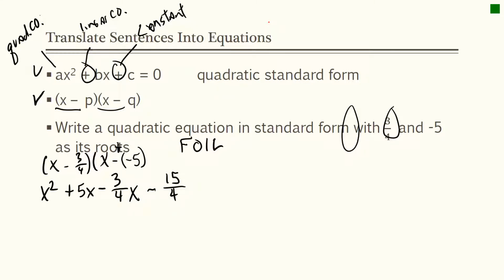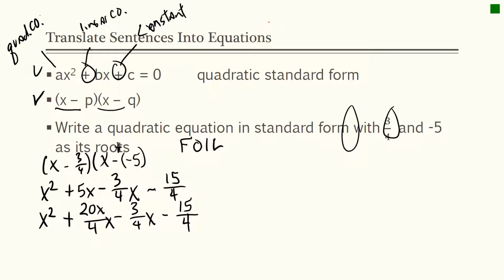Okay. Now we're going to combine like terms. So I've got x squared plus, so I've got 5x, and I'm going to be combining that with a -3/4x, so I got to take this 5x and get a common denominator of 4, so that's going to be 20x over 4 minus 3/4x minus 15/4.